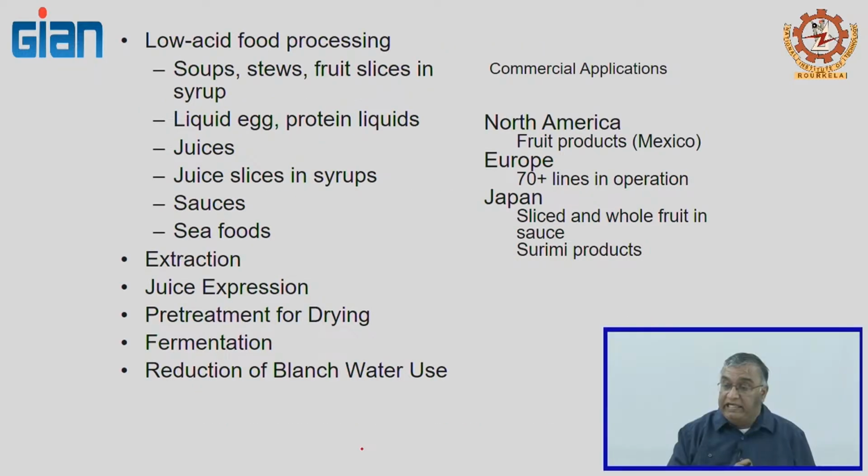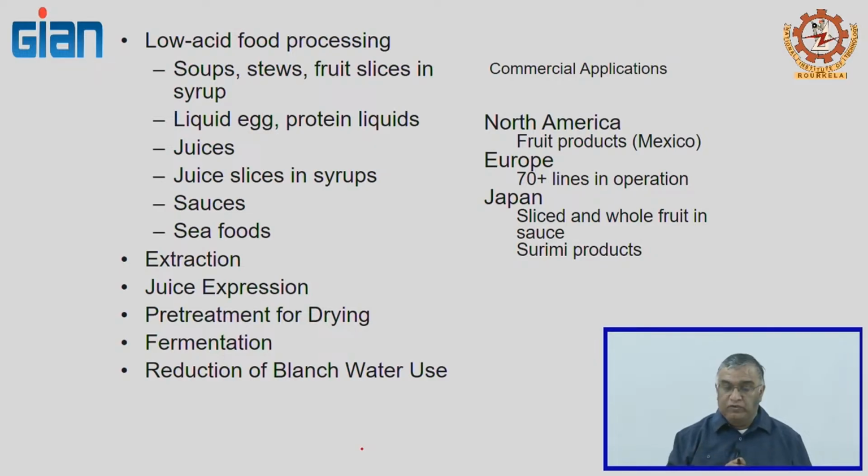So, ohmic heating can be used to process a number of different types of products like soups, liquid eggs, juices, seafood. It can be used for extraction, fermentation. Interestingly, when you apply electric field under certain conditions, it is going to stimulate the growth of microorganisms, so you can accelerate the fermentation process with ohmic heating.